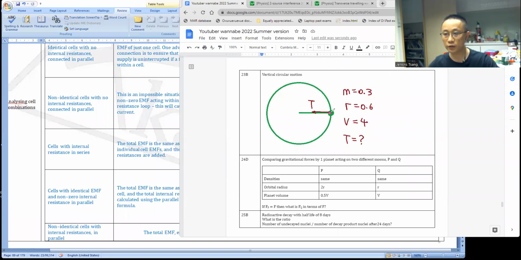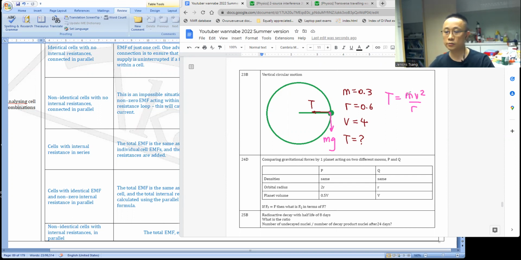Because at this particular location, the weight of the object is acting perpendicular to the tension. So the weight may cause it to undergo vertical deceleration if it is ascending, or vertical acceleration if it is descending. But the weight has no influence on the centripetal force at this particular position within the circle. So here, the centripetal force is contributed by tension and only tension.